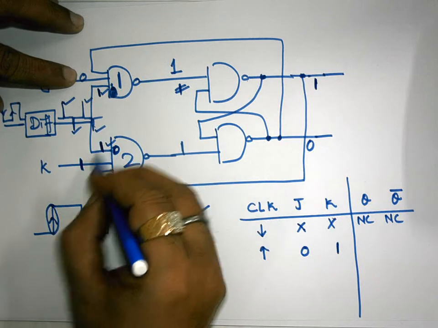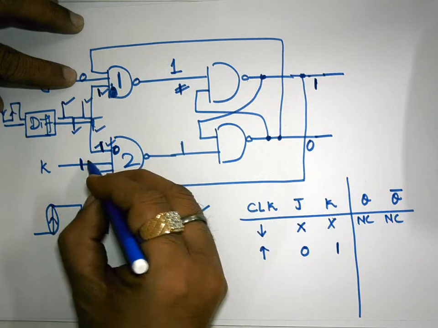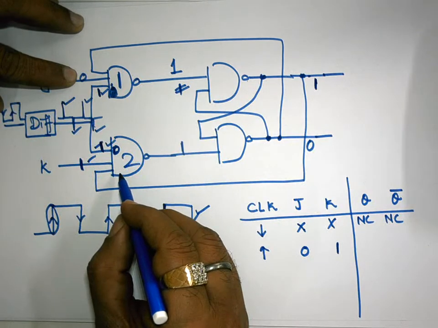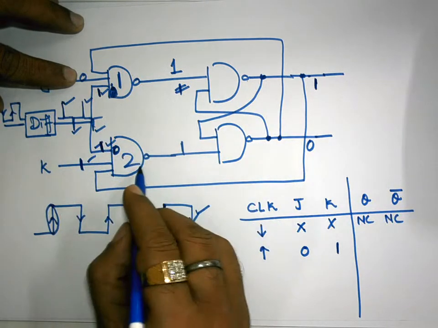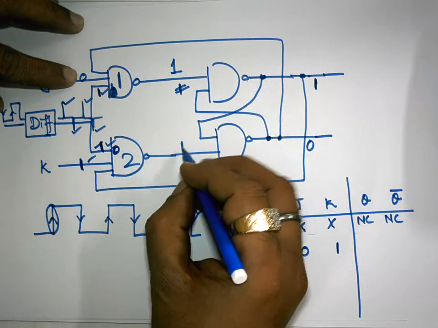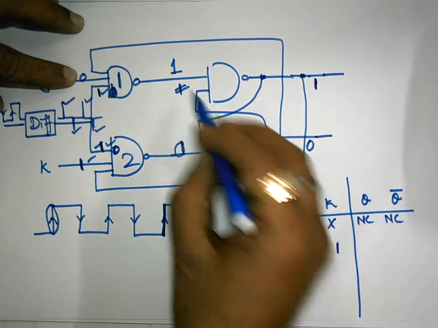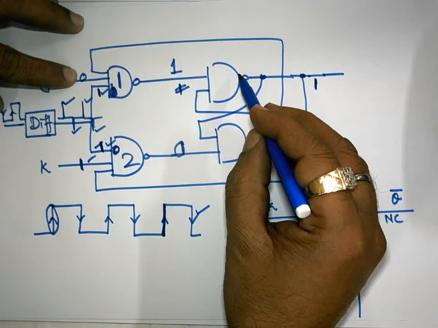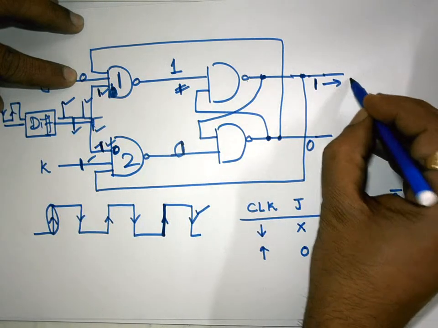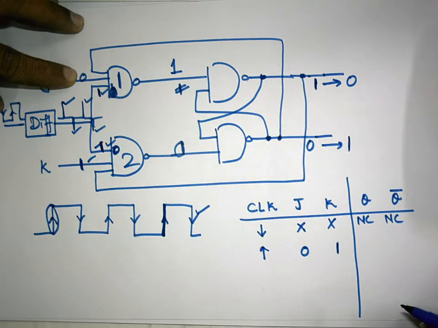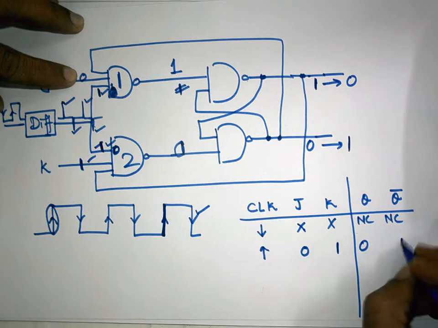Now the input which are 1, we have to see what is coming at the other input to decide the final output of this gate number 2. So 1 is coming over here, naturally it will be equal to 0, and 1 0 at this NAND latch is going to make it 0 and 1. Okay. So this will become 0 and this will become 1.